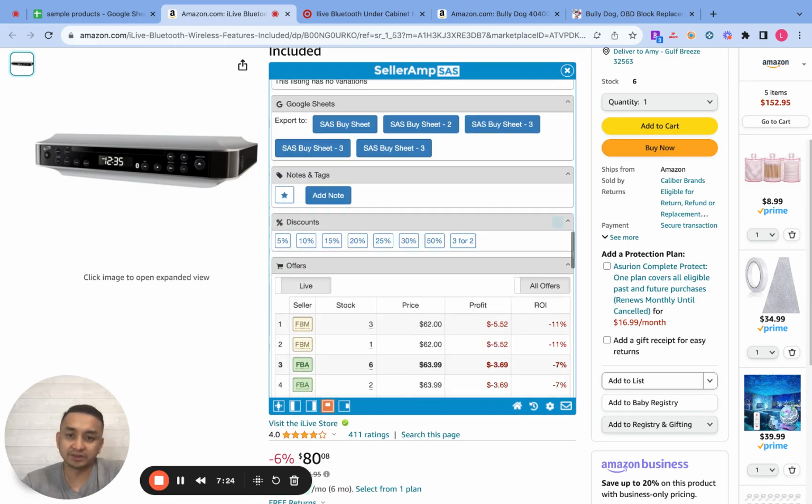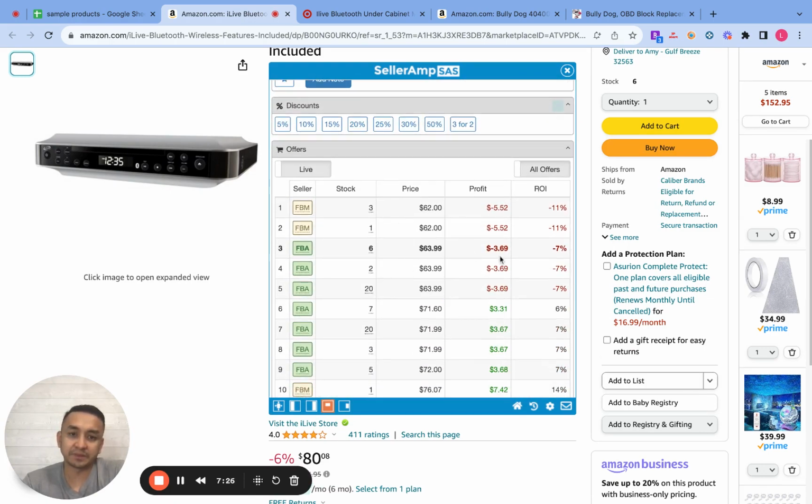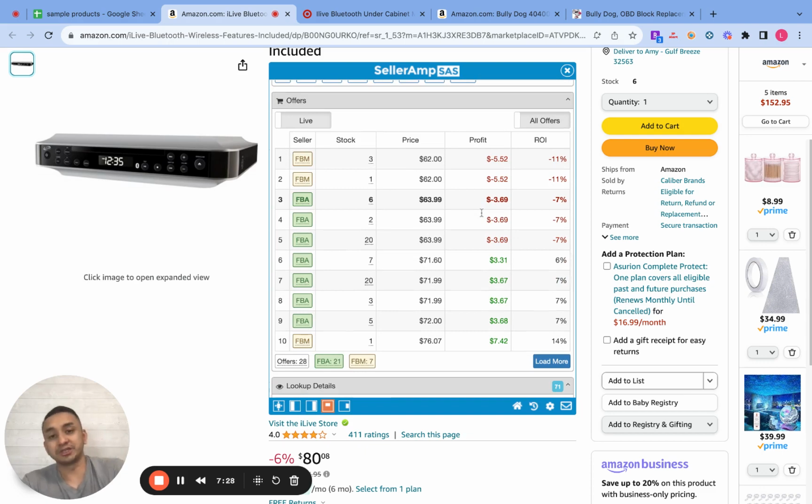Let's see where the other sellers are pricing the product. This one is another negative. As you can see here, these other sellers are selling their product as low as $62, which gives you a negative 11% ROI. Obviously we're not going to buy this, because you're going to be losing money if you buy products with a negative ROI. So this one is going to be a skip.